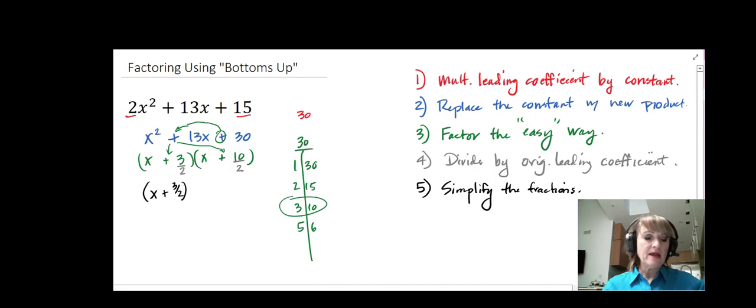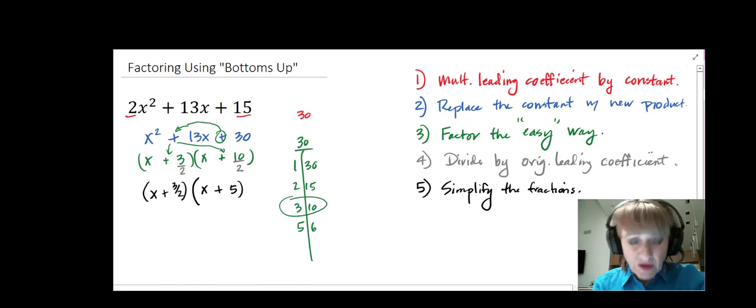However, the 10 over 2 simplifies to 5 over 1, which is 5. I have to reduce that down to its integer form. I don't want to leave a fraction 5 over 1. So reduce that all the way down and write it in its simplest form. So we're simplifying the fractions.